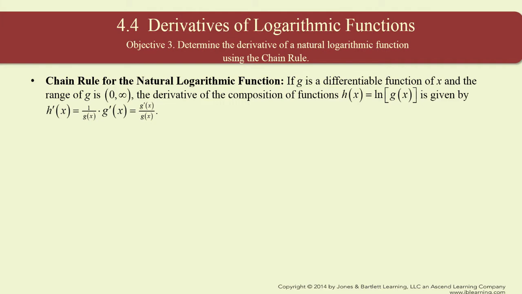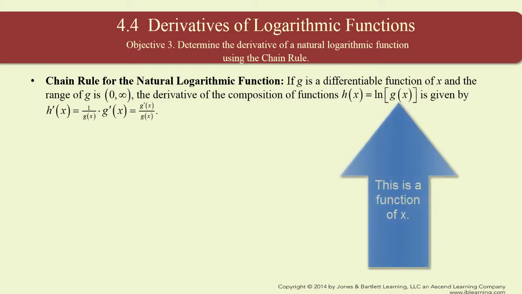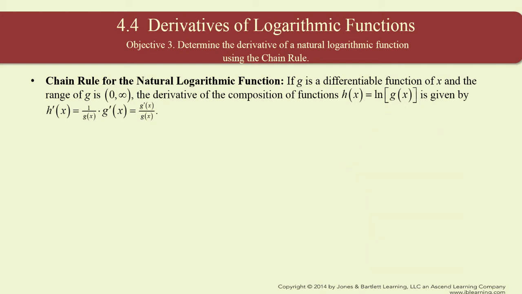Then the derivative of the composition of functions, and notice how it's written, h of x equals the natural log of g of x. So just think, you're going to have the natural log of a function of x. Say the natural log of 2x plus 3, or the natural log of x squared. It's not just going to be natural log x anymore.